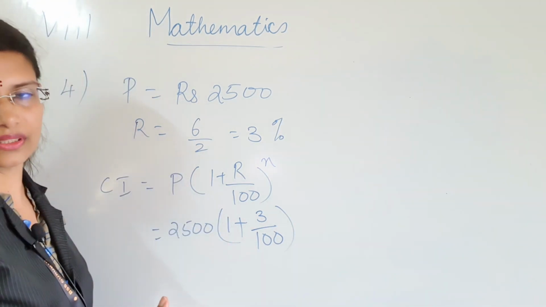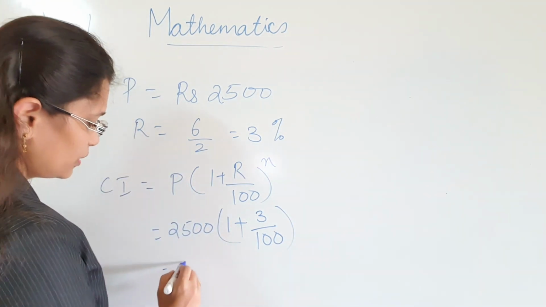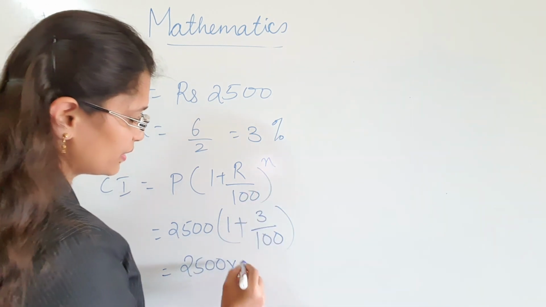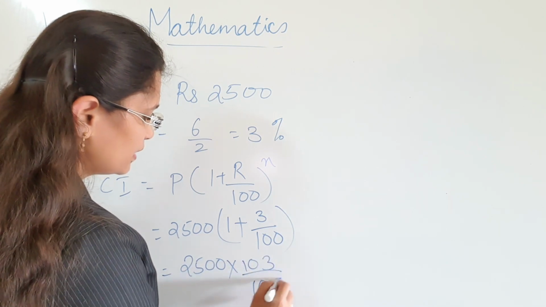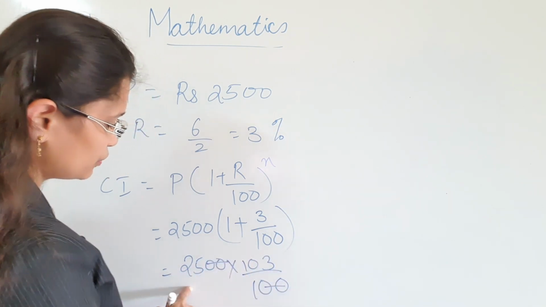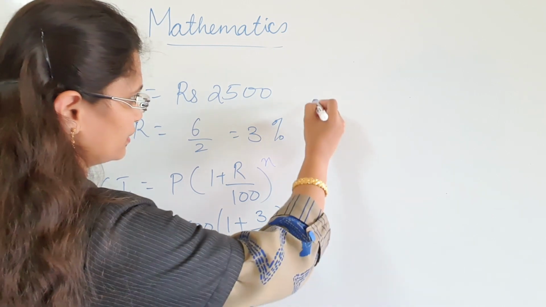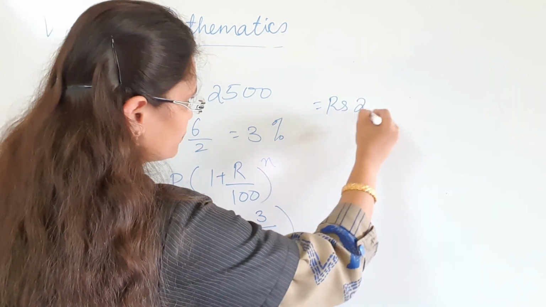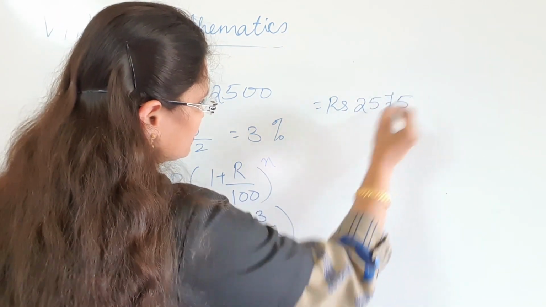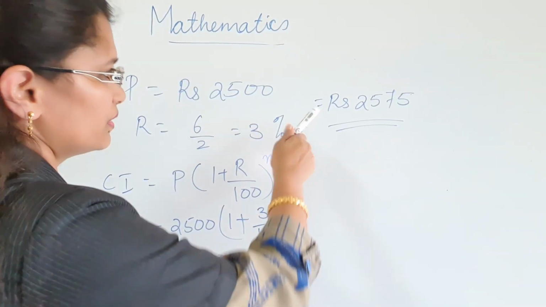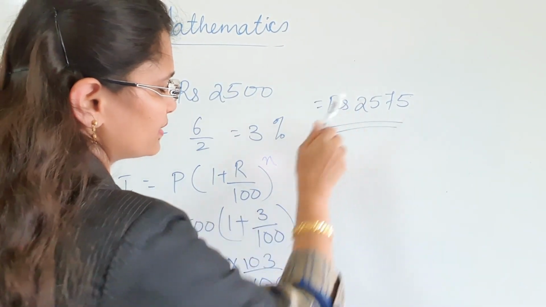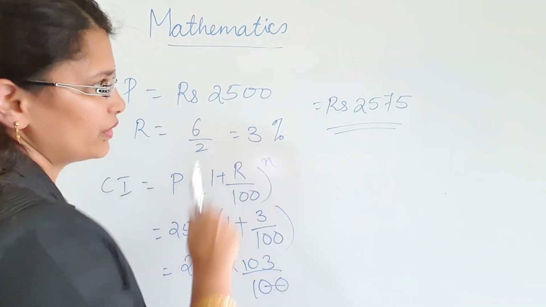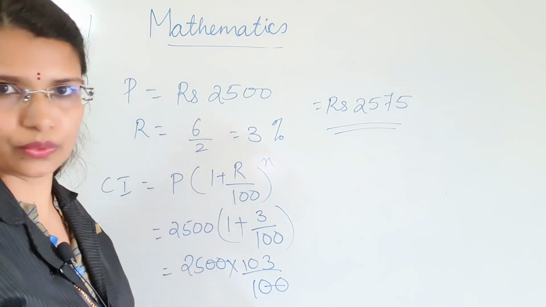That means after 6 months is equal to 2500 into 1 into 100, 100 plus 3, 103 divided by 100. Cancel these zeros. 25 into 103 is equal to rupees 2575. That means rupees 2575 means amount including the interest at the end of 6 months, January to June, right?